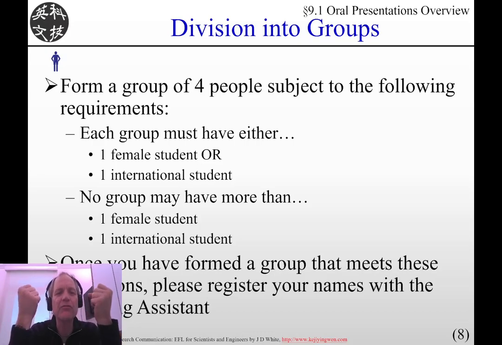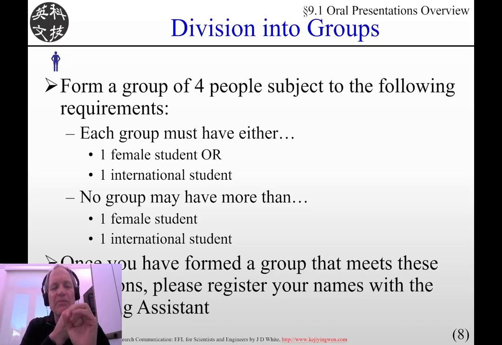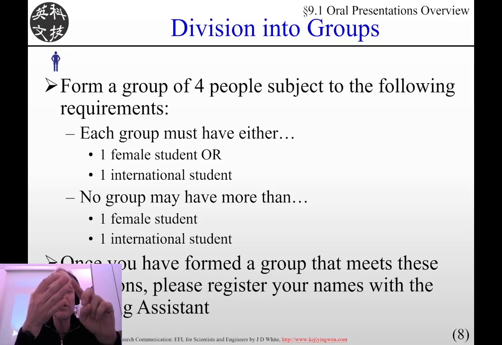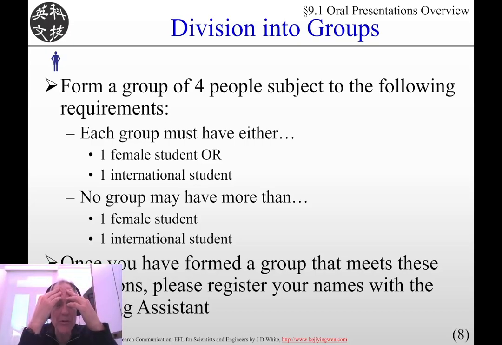So please try to form, for example, an acceptable group would be 3 Taiwan boys and 1 Taiwan girl, or 2 Taiwan boys, 1 female student, and 1 international student, yeah, that would be okay. And you may not have 4 international students. That would not be a good group. You can have 1 international student in a group, and you may have 1 female student. You may not have more than 1 female student.